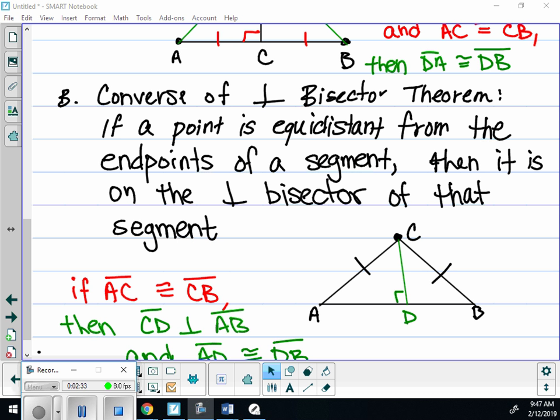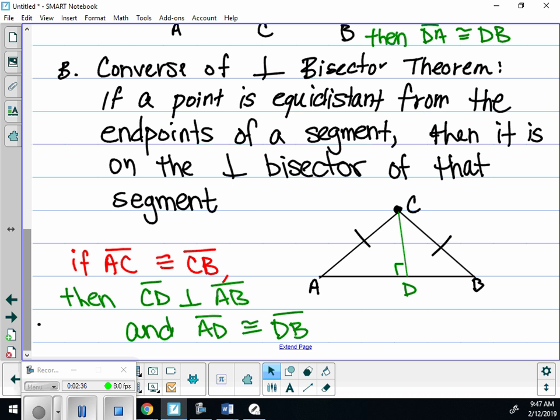So if what we are given is a triangle with AC congruent to CB, for example, if we draw a line down from C to AB, it will be perpendicular, and it will be in the middle of AB. So it'll be perpendicular and AD will be congruent to DB. Okay.